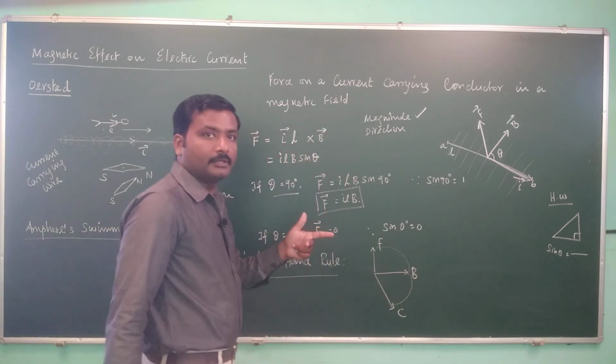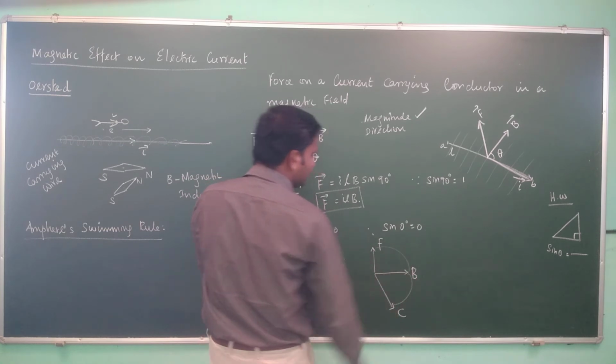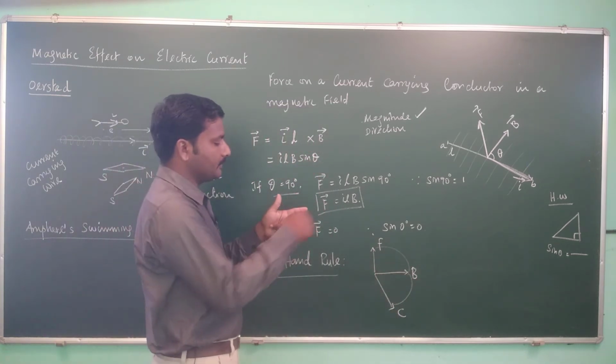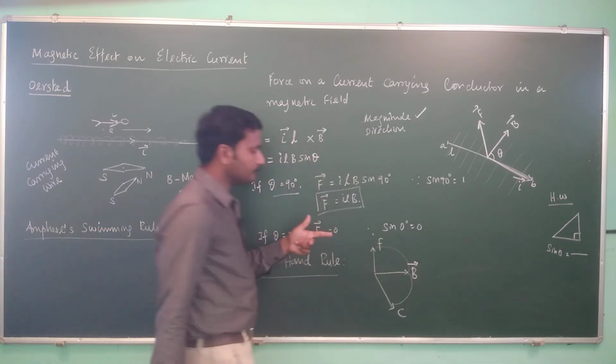In that case, the first four fingers give you a symbol B. So you put that symbol B here. So this is B vector.